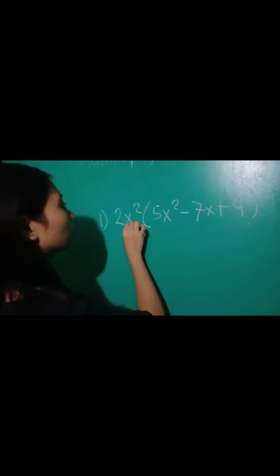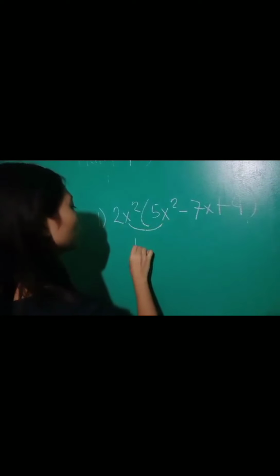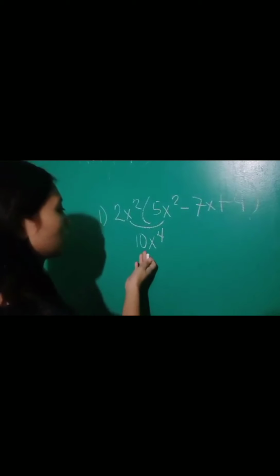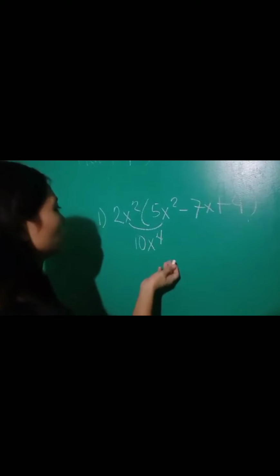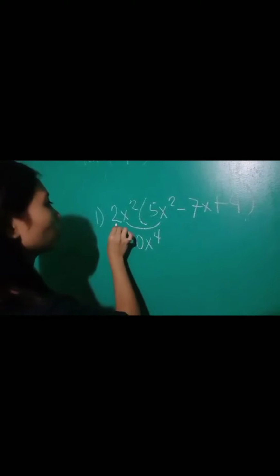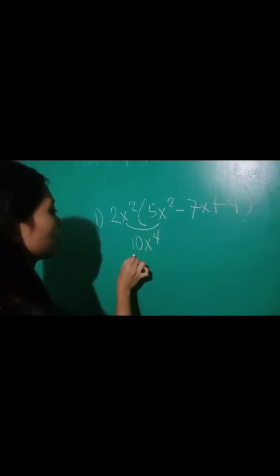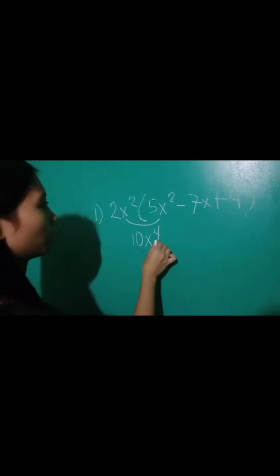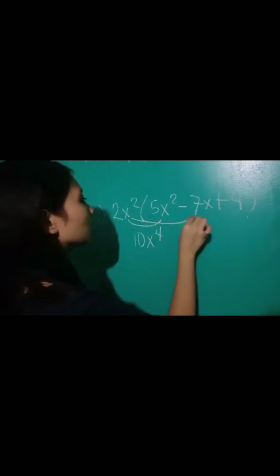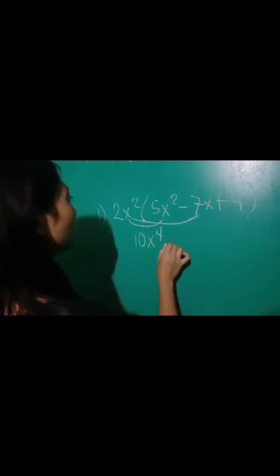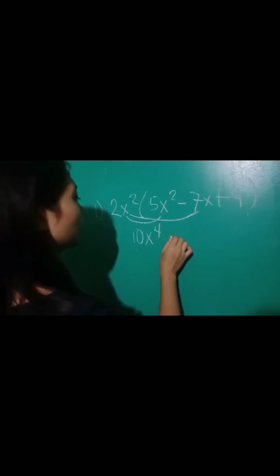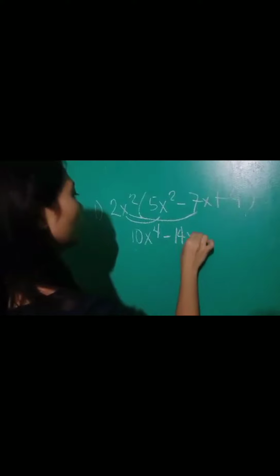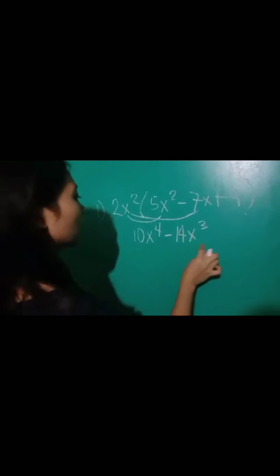Distribute the first term to the second polynomial. 2x squared times 5x squared equals 10x to the fourth power. Why? We multiply the coefficients, 2 times 5 equals 10, then add the exponents, 2 plus 2 equals 4. Next, 2x squared times negative 7x equals negative 14x cubed.